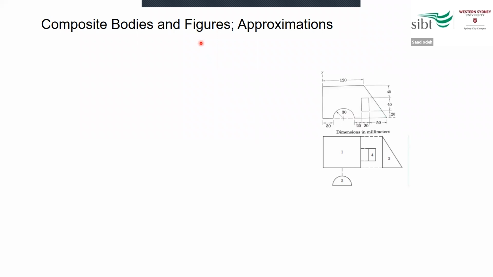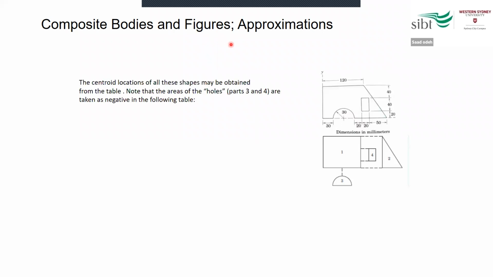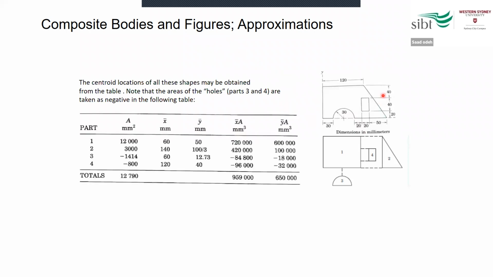We also learned how to find the centroid of composite bodies. We can divide this body into four areas, each represented by a number: 1, for example, is a square, here a rectangle, here a triangle, here a half circle.